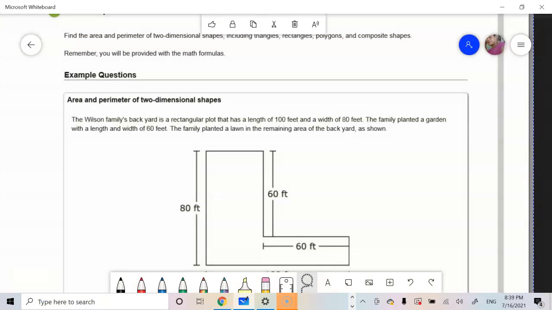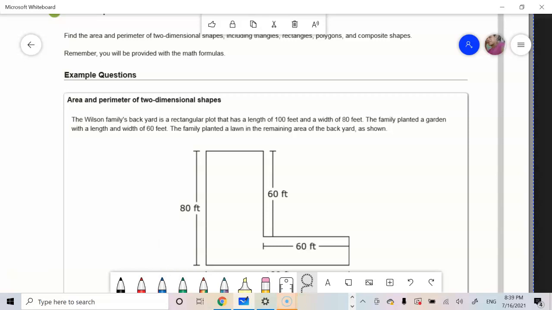So the problem says, and hopefully you can see it here, the Wilson family's backyard is a rectangular plot that has a length of 100 feet and a width of 80 feet. The family planted a garden with a length and width of 60 feet. The family planted a lawn in the remaining area of the backyard as shown.